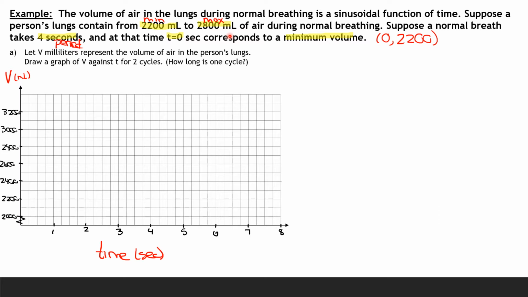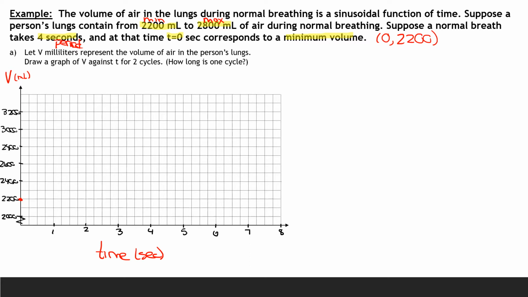So we have to graph it, and we have one coordinate here, 0 and 2,200. Let's put that on the graph. There's that point. Now remember the opening slide said how important symmetry is in graphing, because I know that each cycle is 4 seconds, which means in 4 seconds I'm going to be back to my minimum volume of air again.